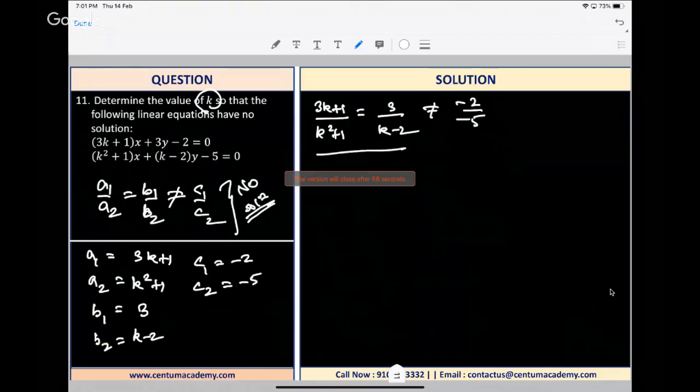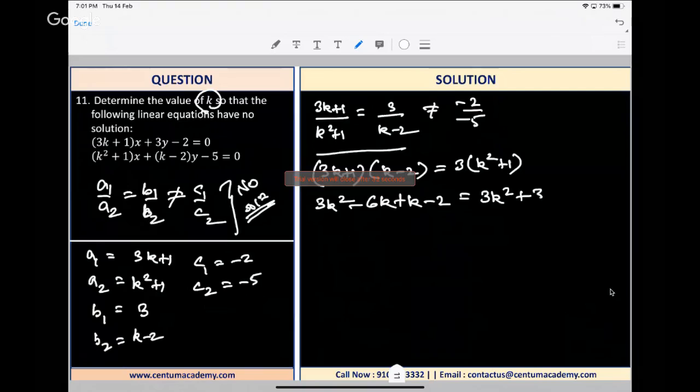So if you see, cross multiply, you'll get 3k plus 1 into k minus 2 is equal to 3 times k square plus 1, which is equal to 3k square minus 6k plus k minus 2 is equal to 3k square plus 3. Okay, so 3k square gets cancelled.